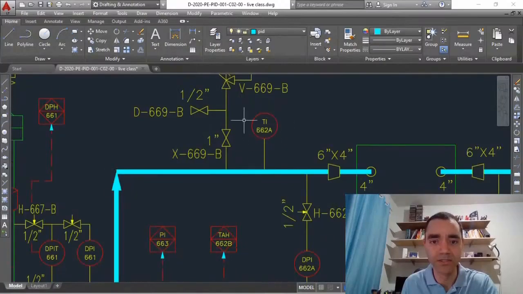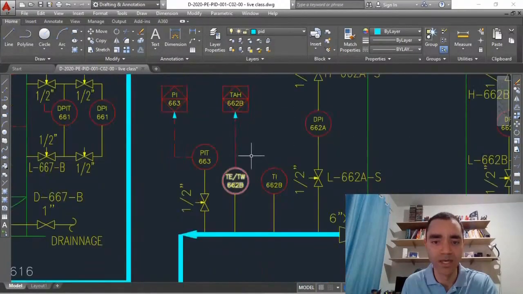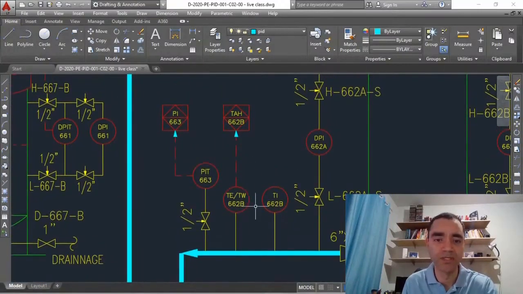Besides that, we have a local temperature indicator, so you can see this only in the field, and it is this way because we have only a circle on it. And we have a transmitter with a signal to alarm of high temperature, because we have a TAH, so it is a temperature alarm high.